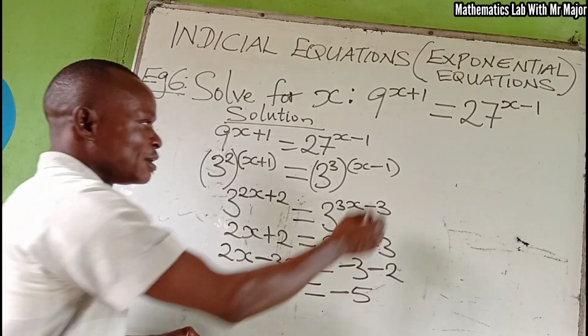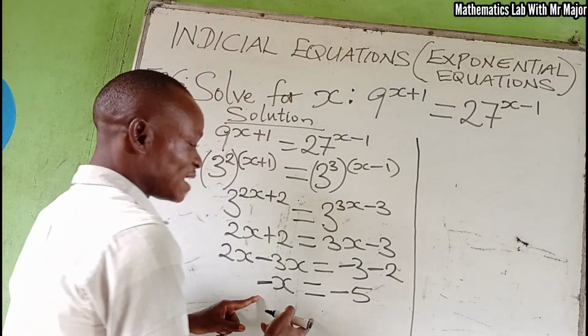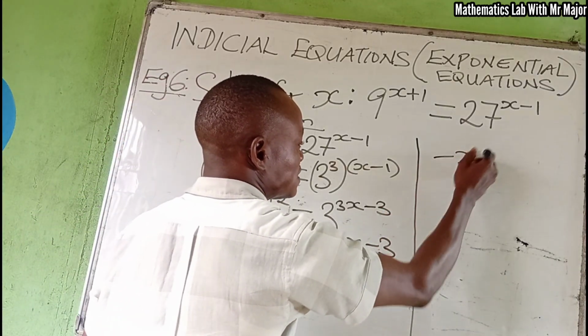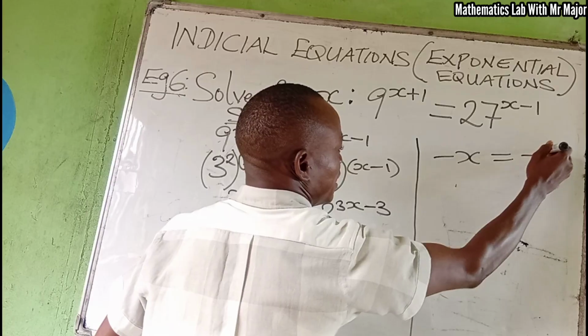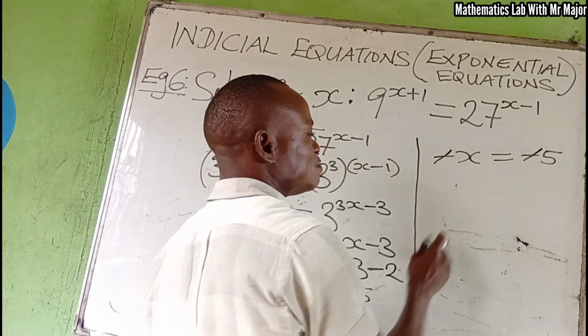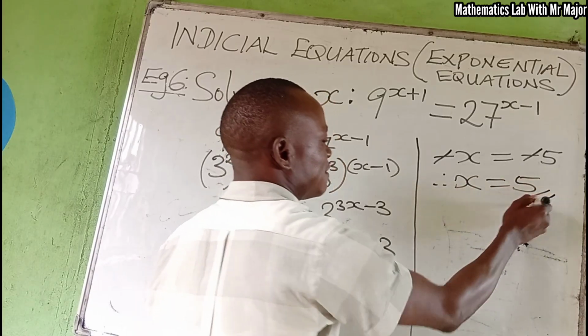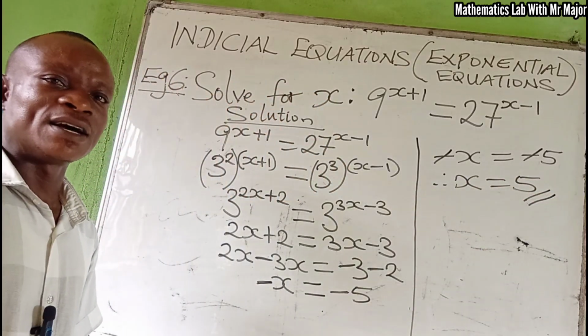So now, let me continue the solving from here. Remember what we have is minus x equal to minus 5. So now, minus here, we cancel minus, giving us x to be equal to 5 as our final answer.